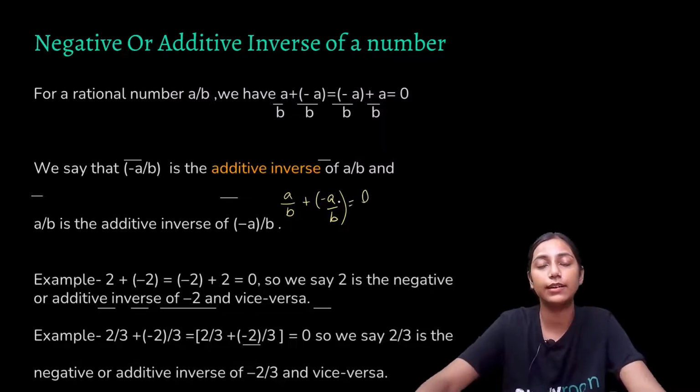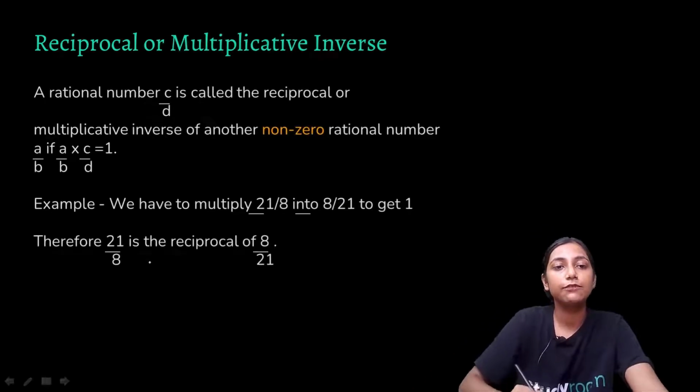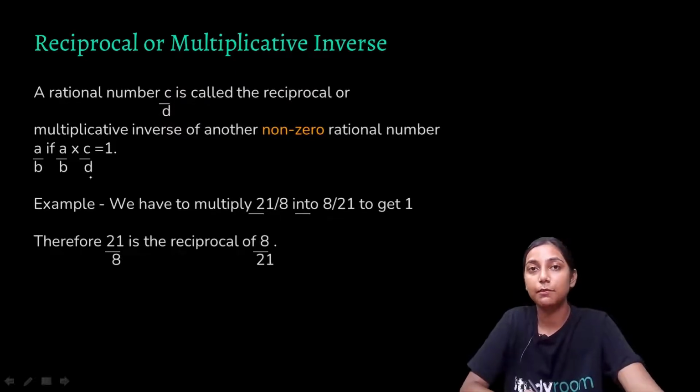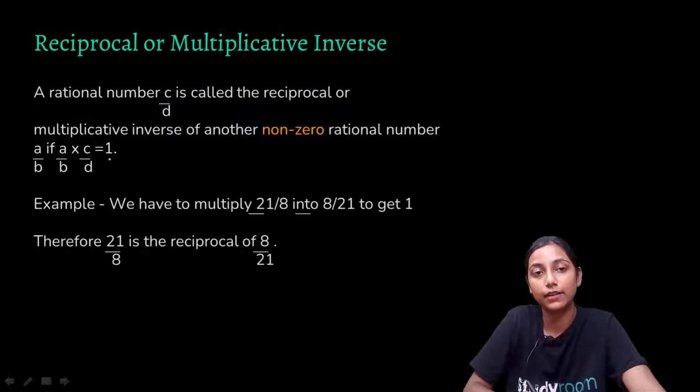We will get the additive identity, that is 0. Again, for reciprocal or multiplicative inverse, we saw that if there is a number a by b, then its reciprocal or multiplicative inverse will be c by d only if a by b multiplied by c by d gives us 1. That is, it gives us the multiplicative identity.